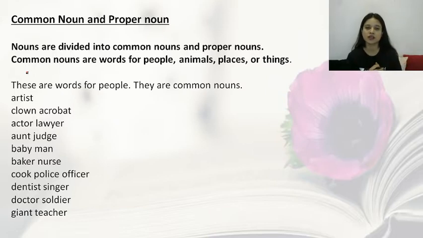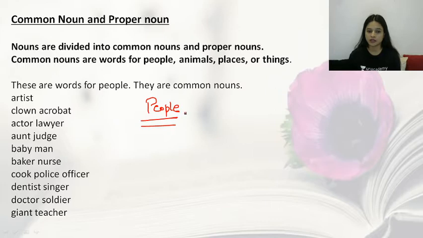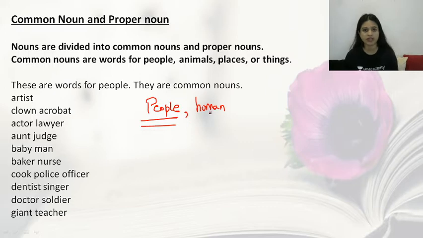Some nouns are specific. What do I mean? I mean when you take that name, you mean a particular person. So when I say people, it could mean anyone, right? When I say human, a human being, again it could be anyone. It could be me, could be you, could be your parents, my friends, anyone.